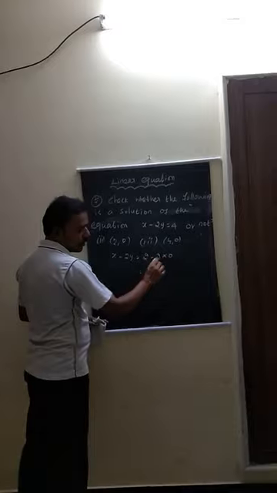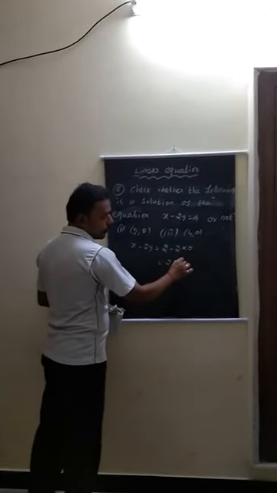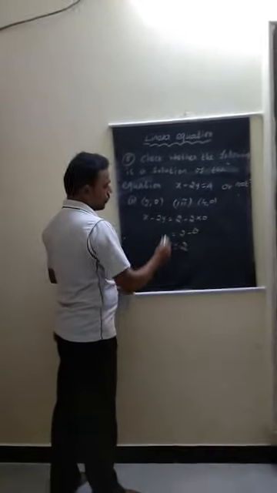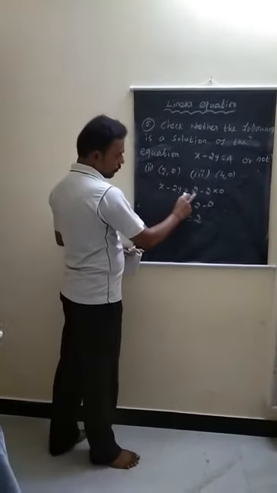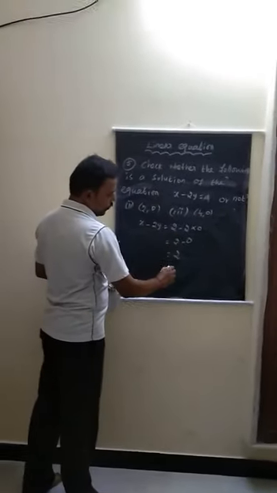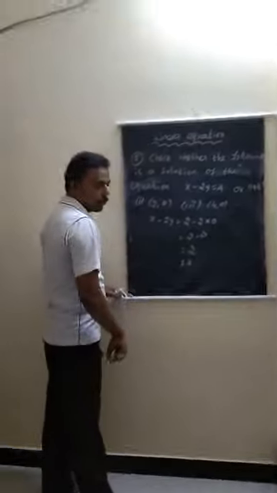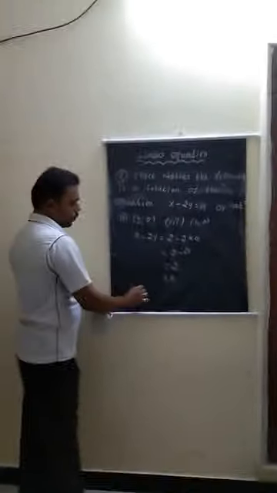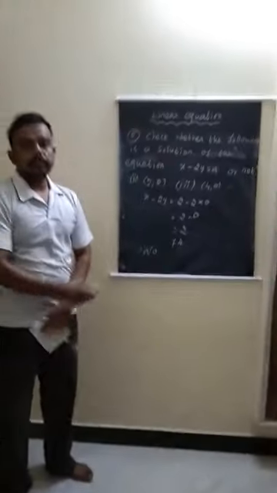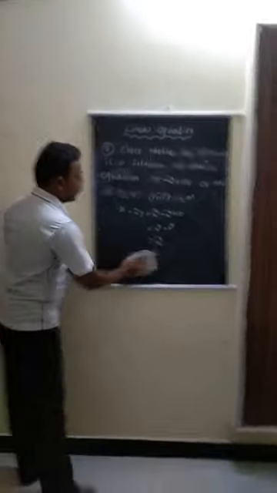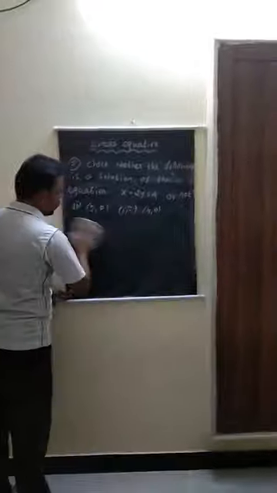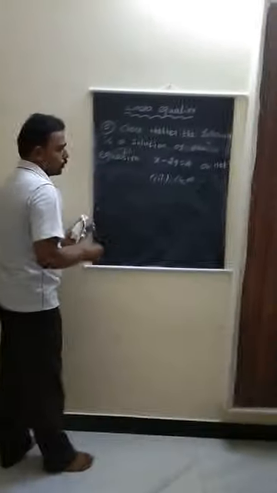So 2 minus 2 into 0, 0. So 2. Our answer here is given as 4, no, so not equal to 4. So this one also no. That is, we need to write a sentence: 2 comma 0 is not a solution of the equation. Similarly, this 4 comma 0.